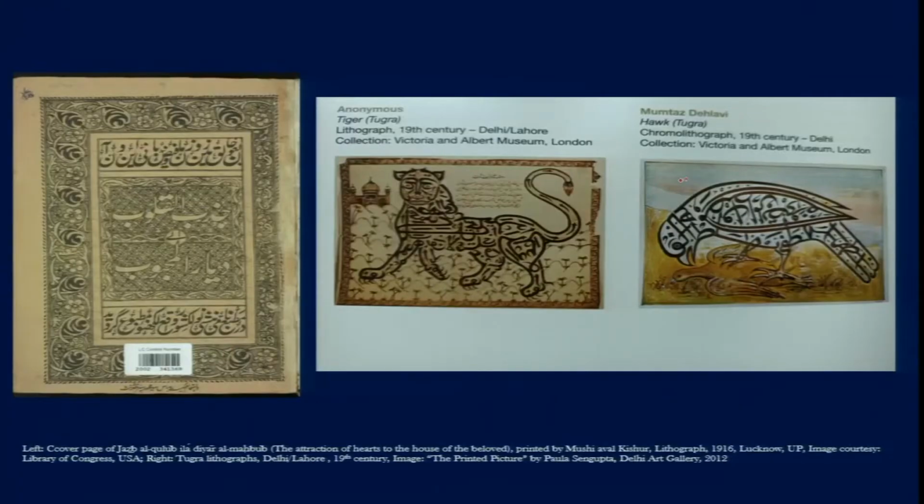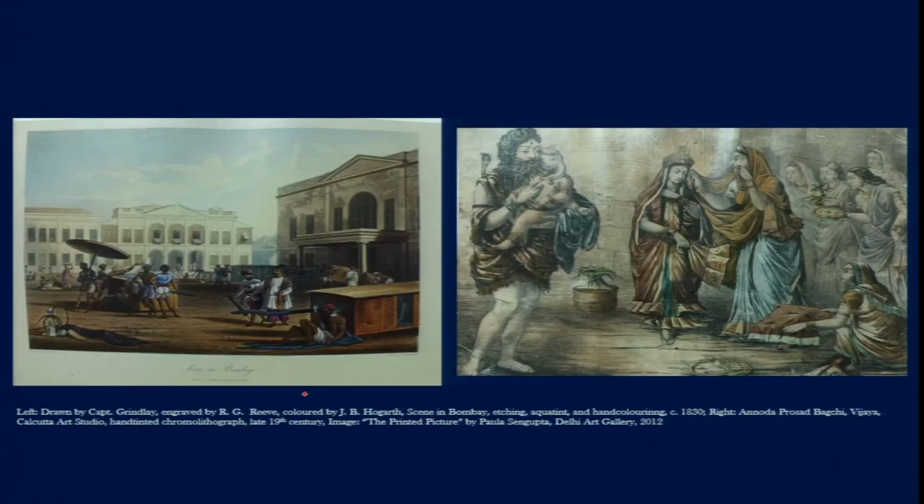So this is something we find, how these devotional images were printed, but at the same time different other kinds of images were also made in this chromolithograph technique. So from there we can see that there were certain ways in which the transference of knowledge of printing was happening.